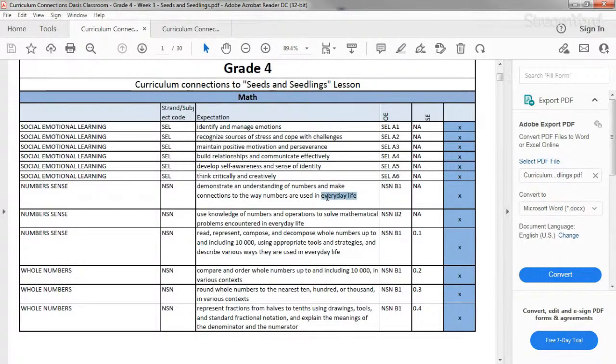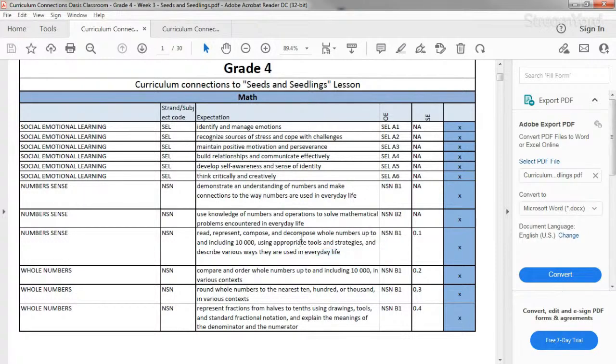Okay, and the key words are everyday life. Of course, you can connect this to a classroom garden. You can see everyday life all over the place.